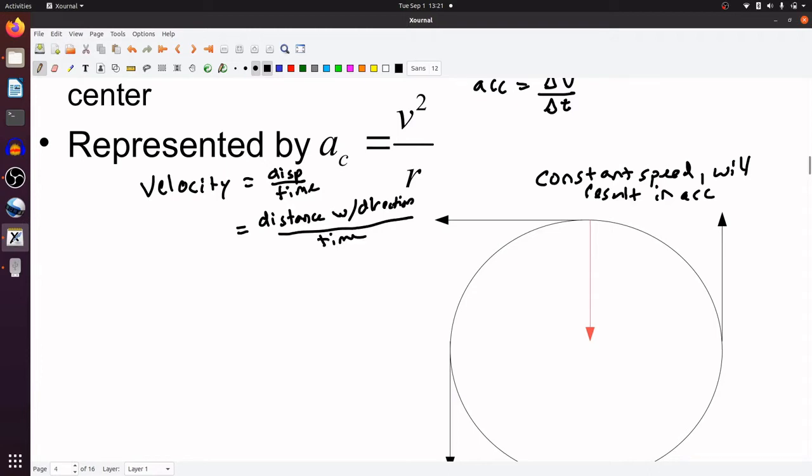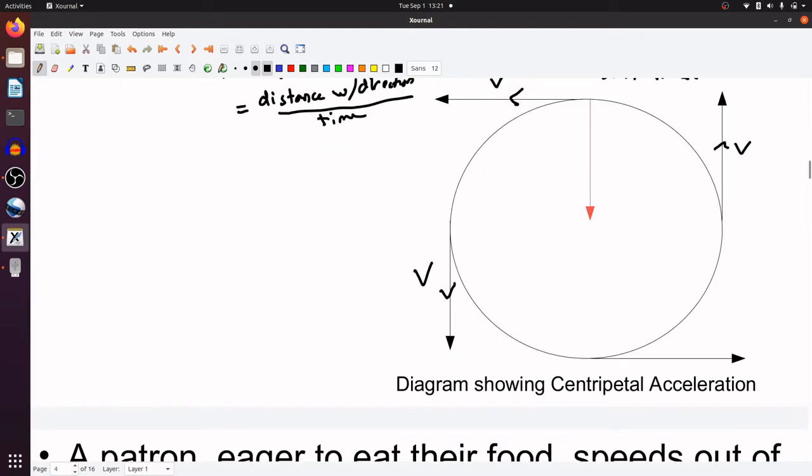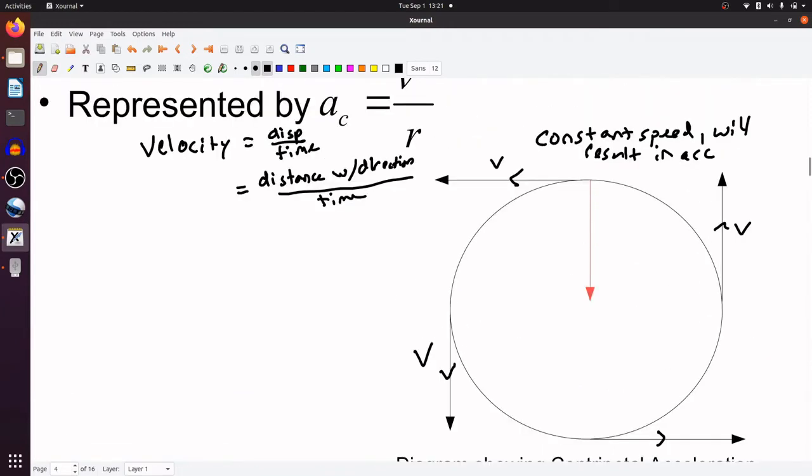So what happens is when you go in a circle, your velocity will always be changing direction with respect to time. So while your speed stays the same, remember speed is distance over time, the direction of your velocity is what changes over time.